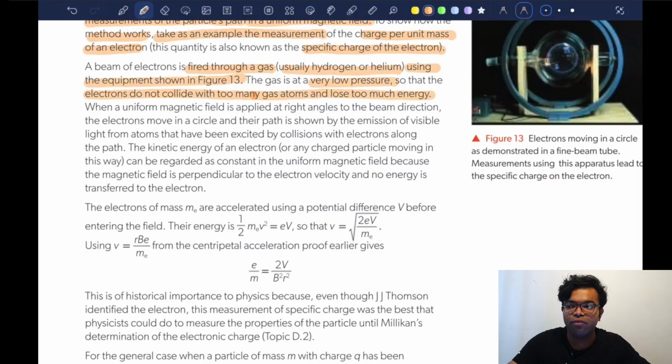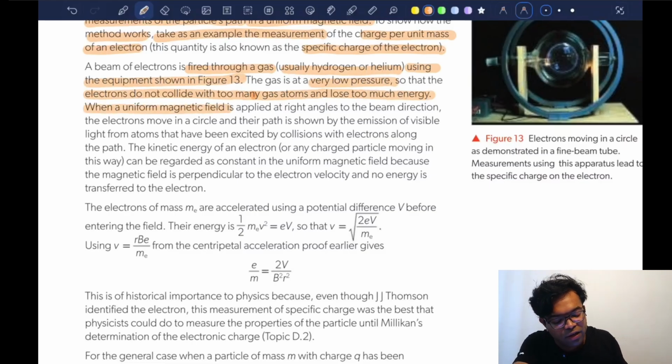Because if they are placed in a magnetic field, then what ends up happening? They can get energy, right? Because a force is being experienced on them, they could get energy. Now what is going to happen if they get energy? They will start to collide. If they collide, they will reduce the overall kinetic energy. They will lose too much energy.